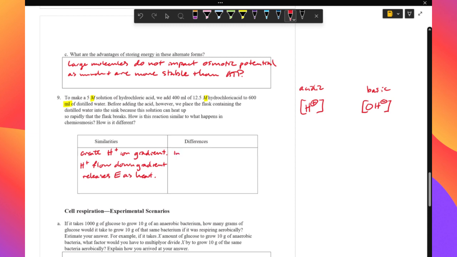So in chemiosmosis, proton flow is controlled by the protein ATP synthase, which generates ATP. Some energy is lost as heat, but much of it is captured in the chemical bonds of ATP.